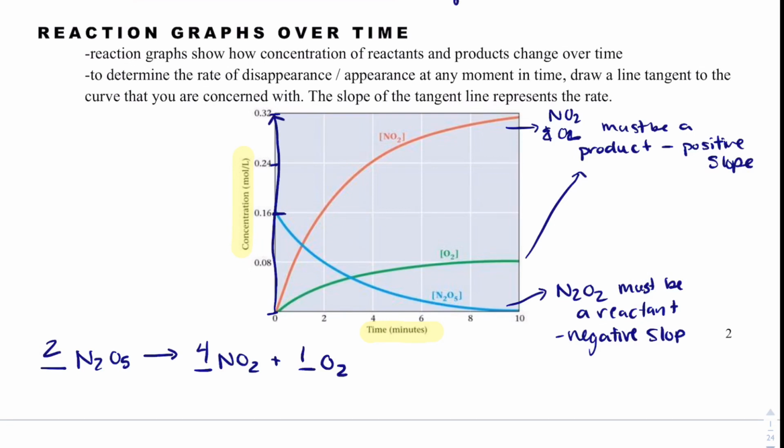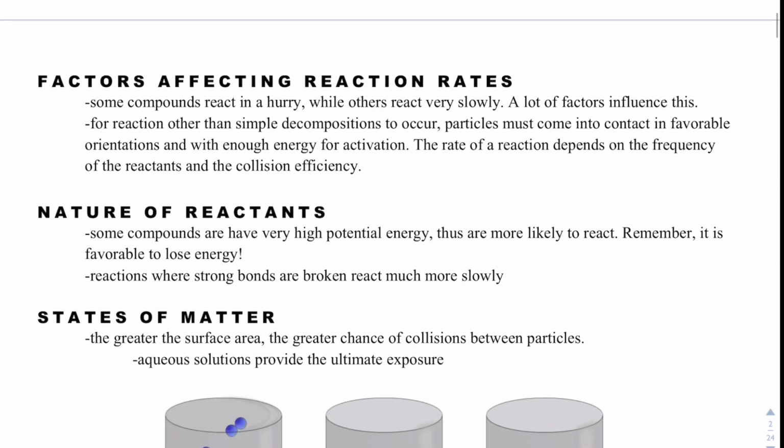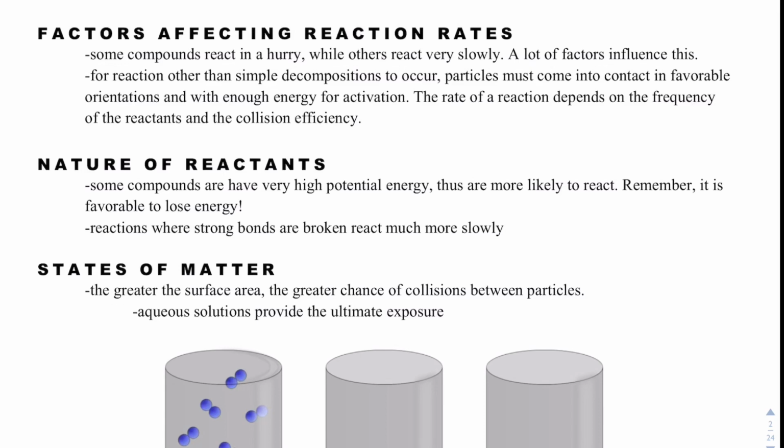And so if I do that, that actually ends up balancing, and that is not by coincidence. That is actually on purpose, because this ratio that we have just made in this balanced chemical reaction is what's represented graphically here. So let's go through and discuss a lot of different factors that influence reaction rates.